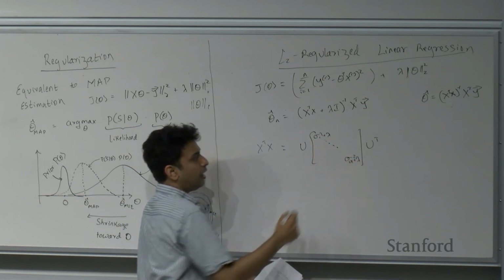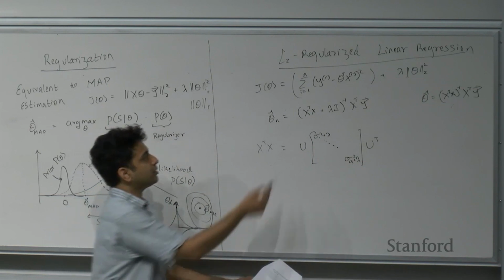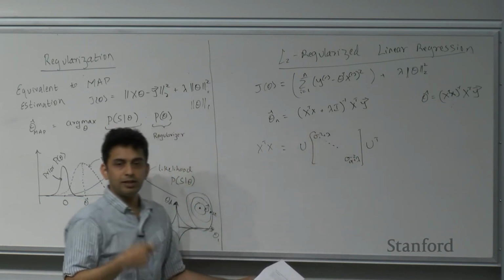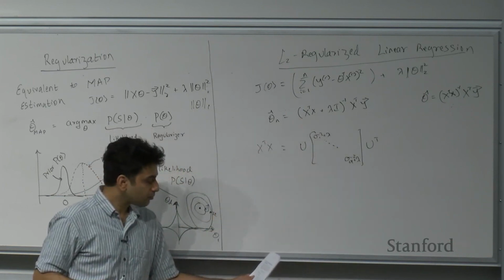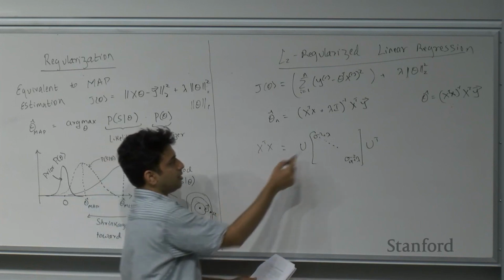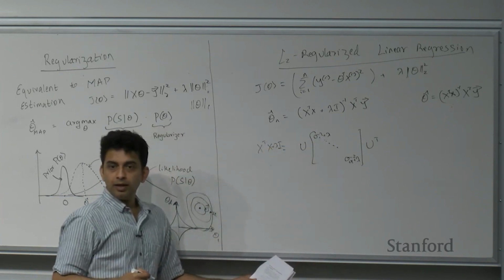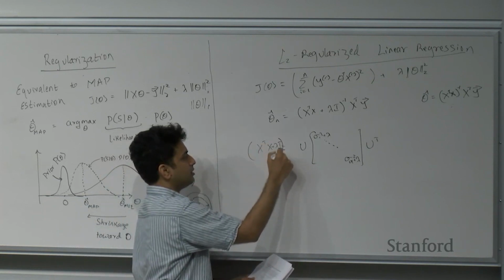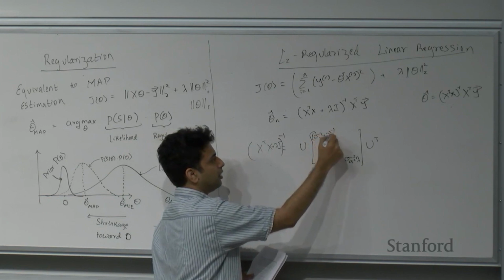If you remember, adding a diagonal matrix to some matrix just increases the eigenvalues by that diagonal value. This is x transpose x plus lambda I, and now if we invert this matrix, then we are just inverting the corresponding eigenvalues.